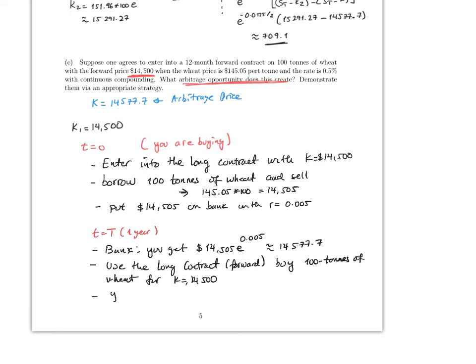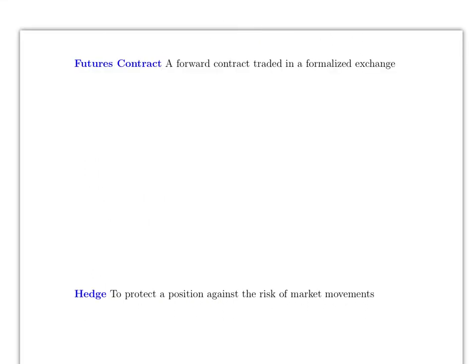And then your risk-free profit will be 14,577.7 minus 14,500, which is around $77.70. And that's it.